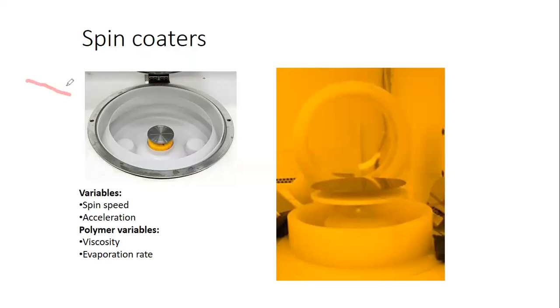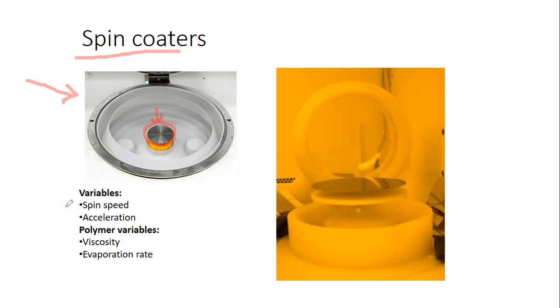If you visit the laboratory at the Department of Physics, Savitribai Phule Pune University, or if you visit our department also, a spin coater system is available. This is your substrate, and onto that substrate you can deposit a drop cast by using a micropipette or injection.